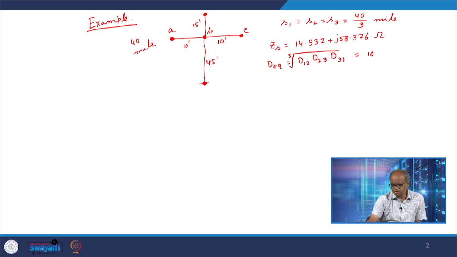So D12 is 10 feet, D23 is 10 feet, and D31 is 20 feet, cube root. If I do this calculation, it turns out to be 12.6 feet.